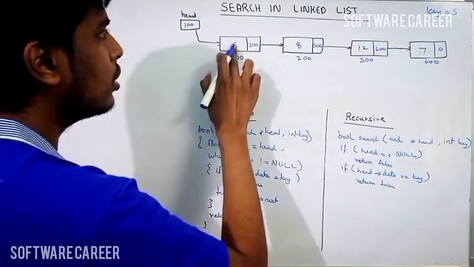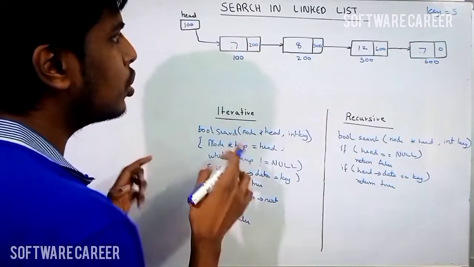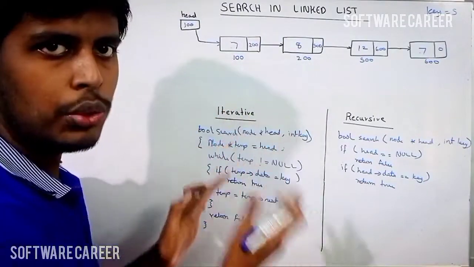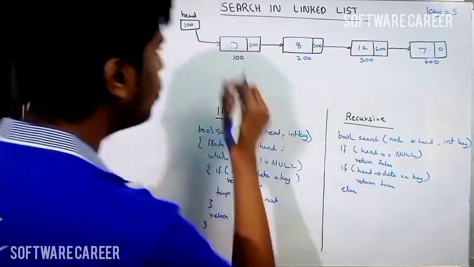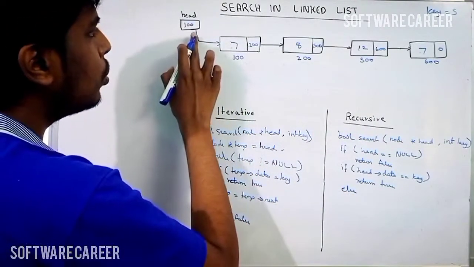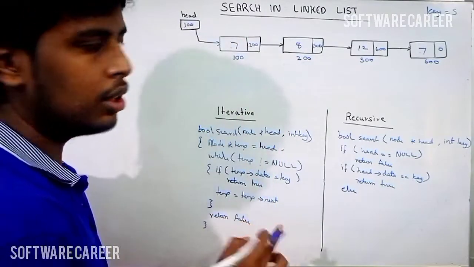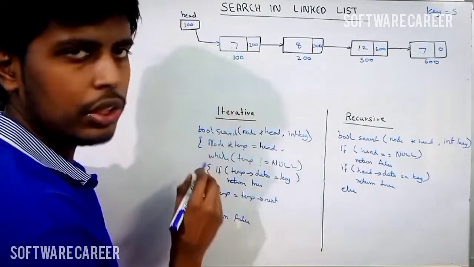If it's not found, suppose here 7 is there, then this 7 is not equal to 5, then what should you do? You should move to the next node. How can you move? See, here I am writing else. Now this head pointer is pointing to the first node. Now you should point it to the second node. I should change the head value to the address of the second node, that is 200.